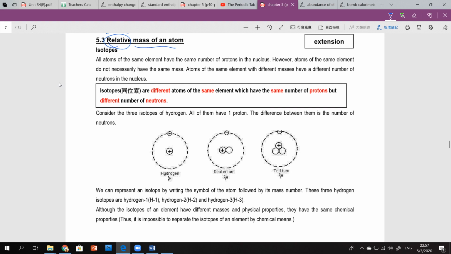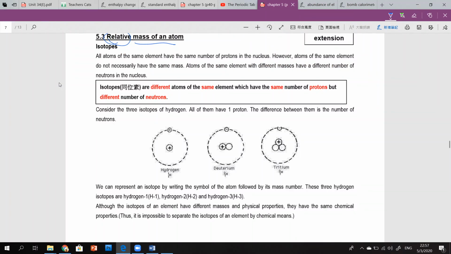For example, we have three different types of atoms found in hydrogen: hydrogen 1, hydrogen 2, and hydrogen 3, namely hydrogen, deuterium, and tritium. What is the same? We have all three types of atoms, and you may see one here, one here, and one here.